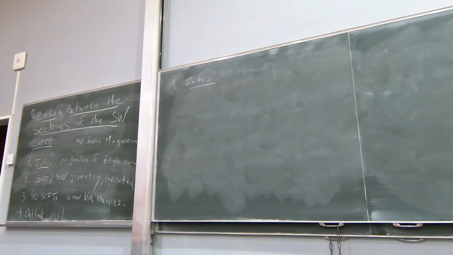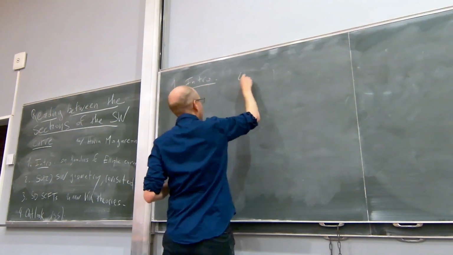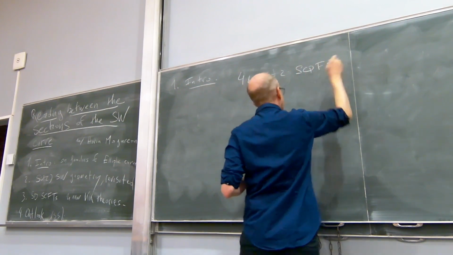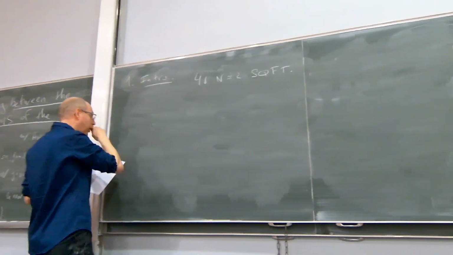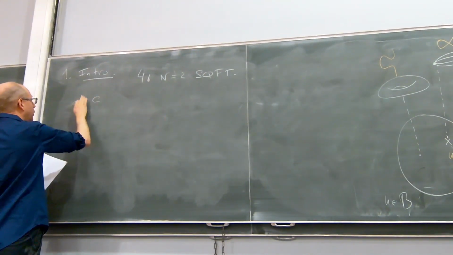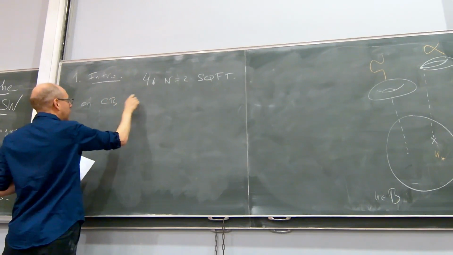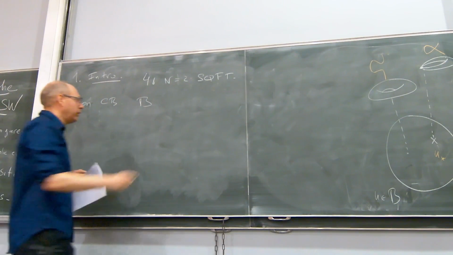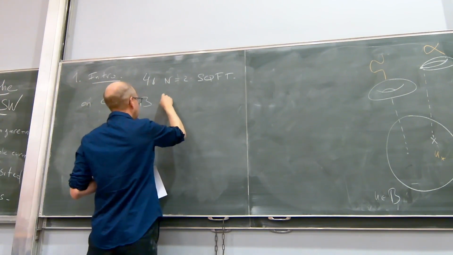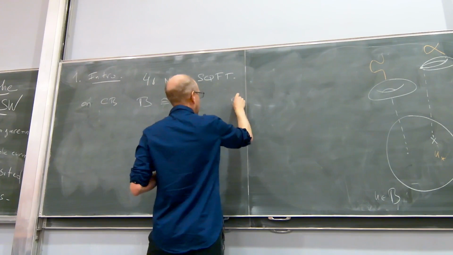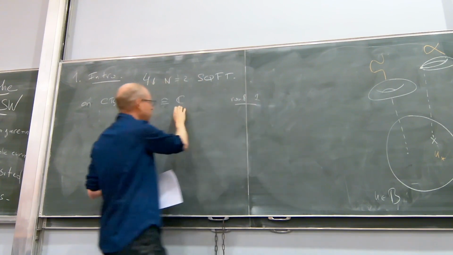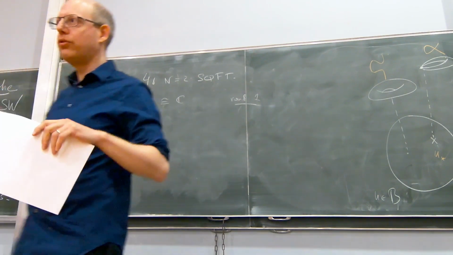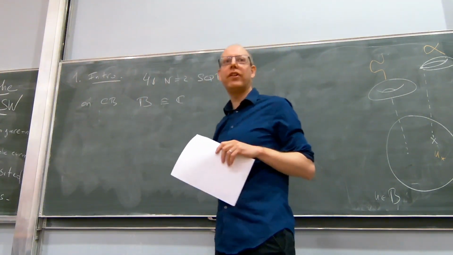So, as I said, the context is 4D N=2 supersymmetric QFT, and we will look at the Coulomb branch, denoted by curly B. I will take it of rank 1, which means that the Coulomb branch is really one-dimensional, so it's one copy of C. Although for physical purposes, it's useful to keep the point at infinity because a lot of physics happens there.